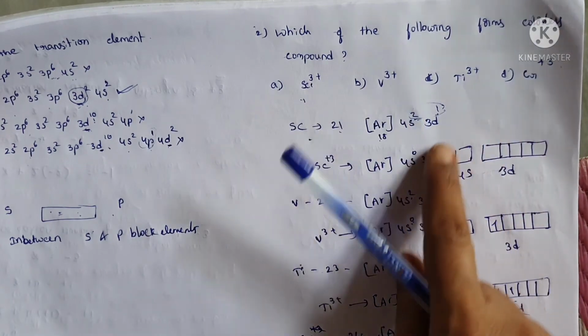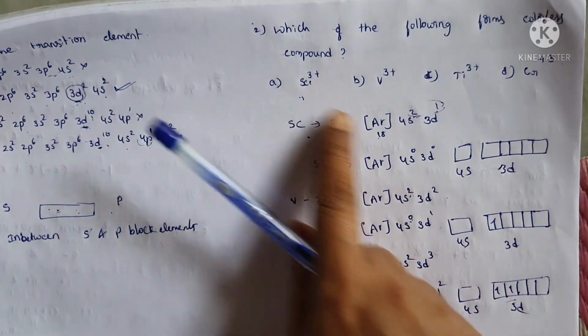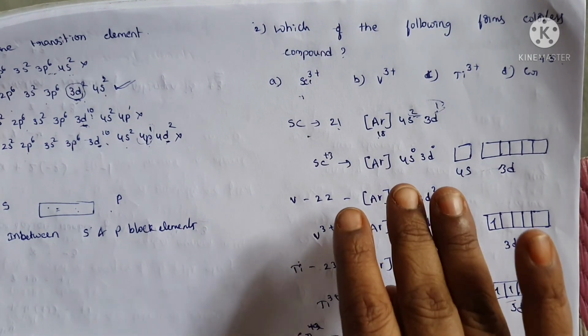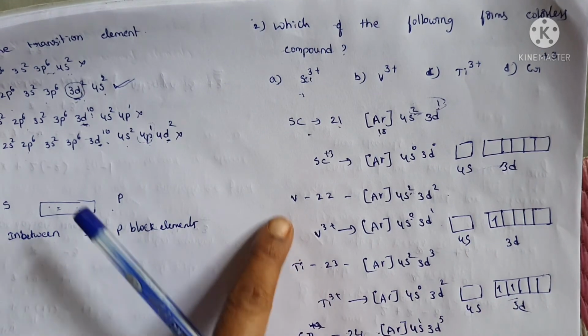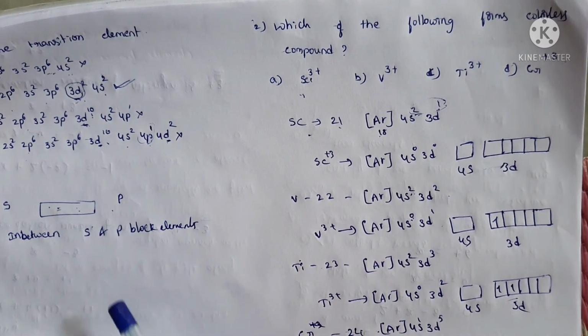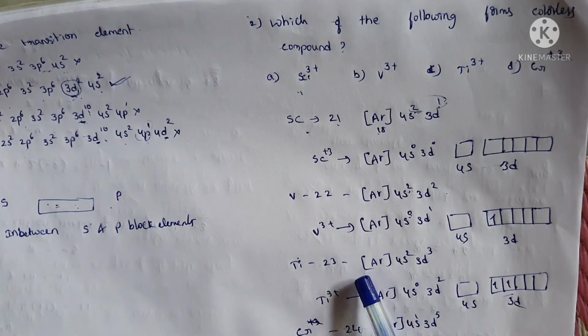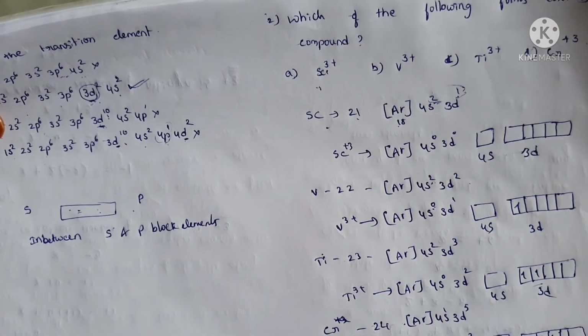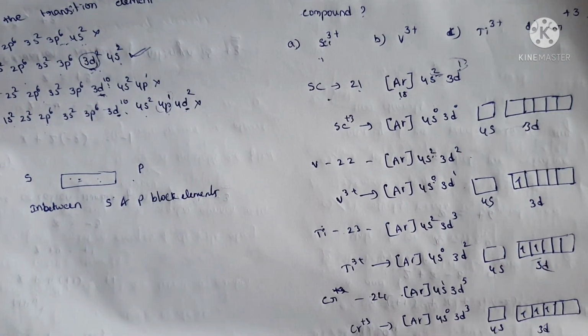Because there are no single electrons here, scandium plus 3 does not exhibit colors in its compounds. All the other three, vanadium, titanium, chromium, in their plus 3 states are having single electrons, which are also called unpaired electrons. So these exhibit colors in their compounds.